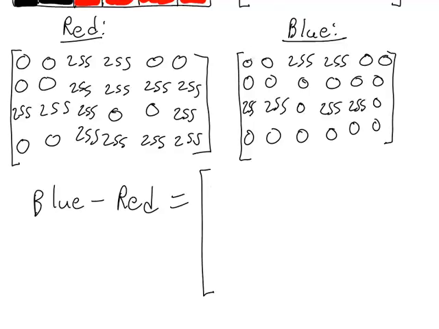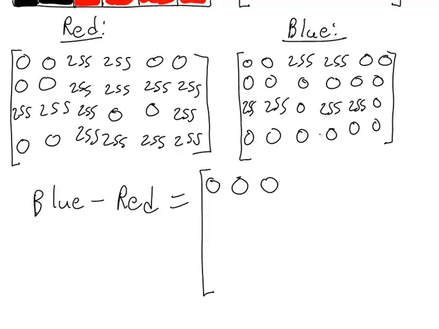In order to do that, I'll subtract the red value from the blue value for each location, for each value in the matrix. So 0 minus 0 is 0. 0 minus 0 is 0. Then here we get to the white pixels. 255 minus 255 is 0.